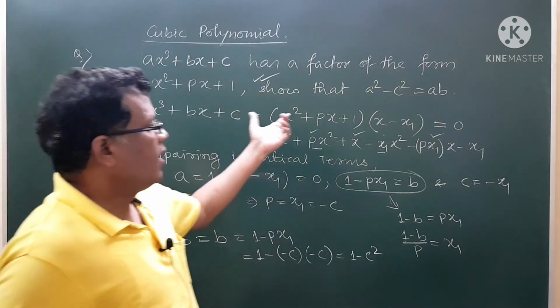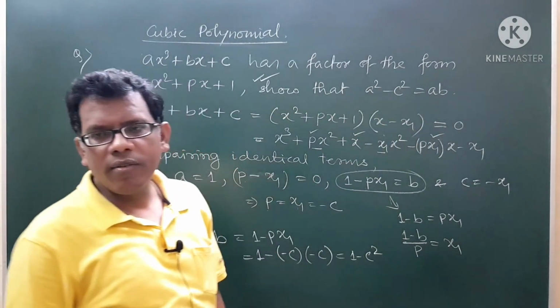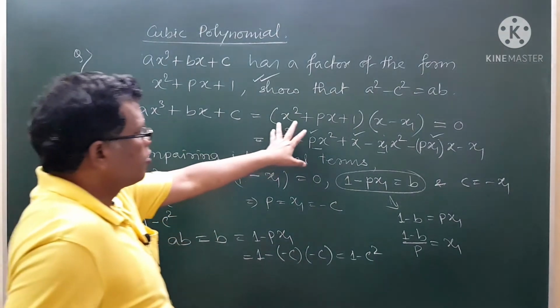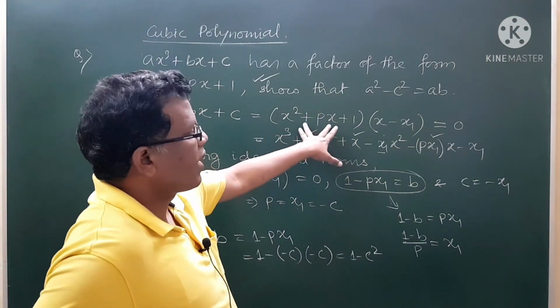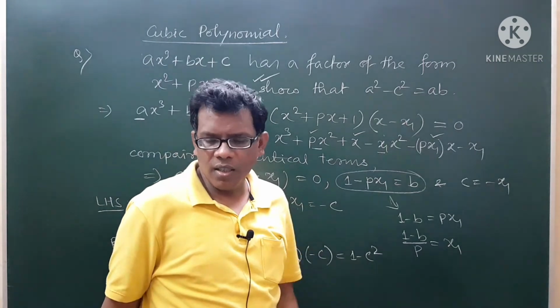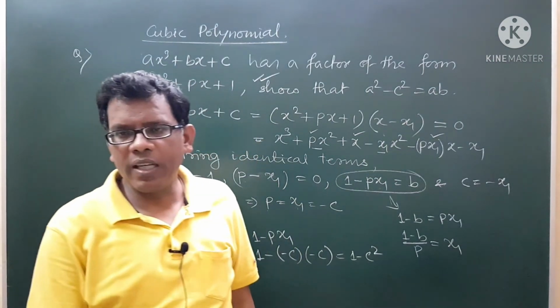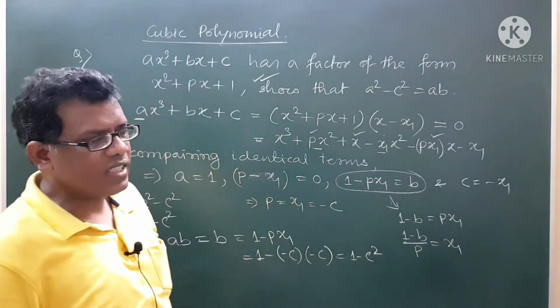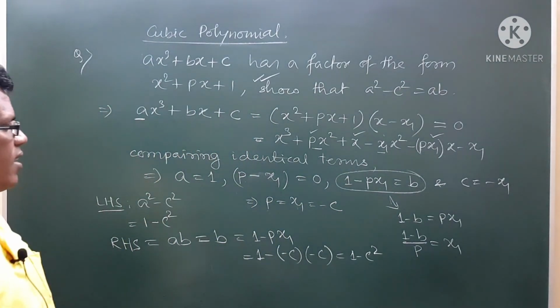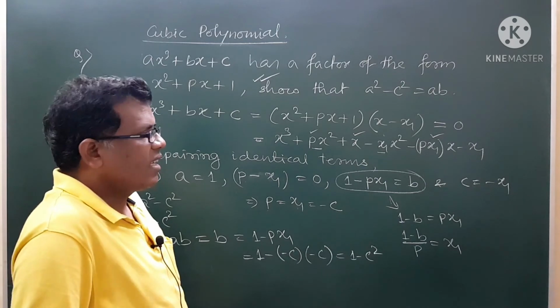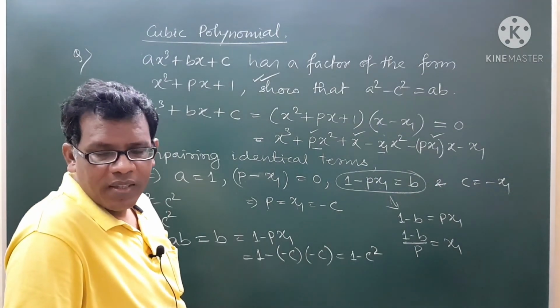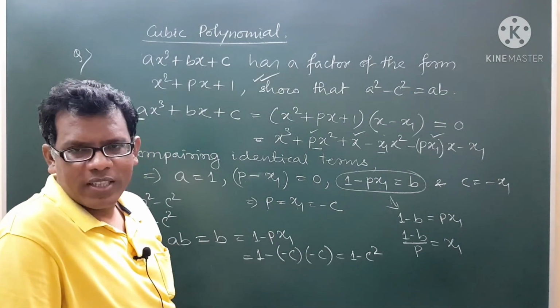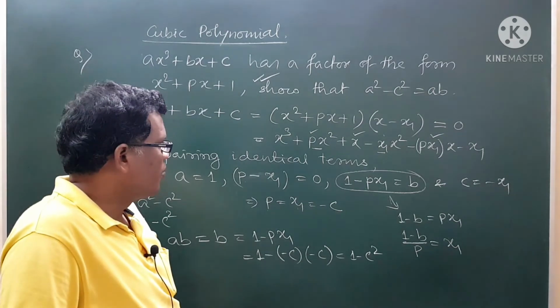So that's why two values of x can come out from this factor. So the third root value can come only from a linear factor. So that's why I considered the third root deciding factor as a linear factor, taking it as x minus x1, such that x equal to x1 will be the third root value.